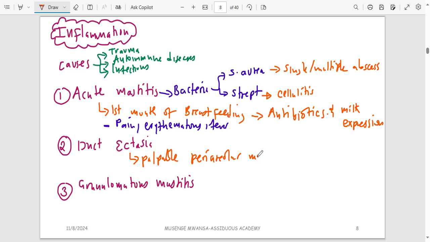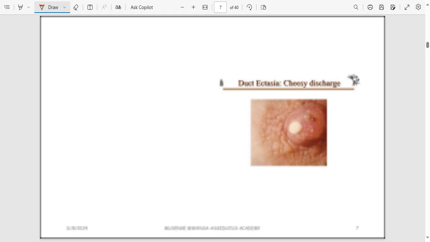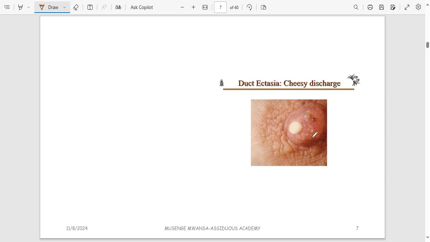And this mass that is around the areola normally is going to produce a white-like secretion, or a grayish white secretion. You can see this part here.